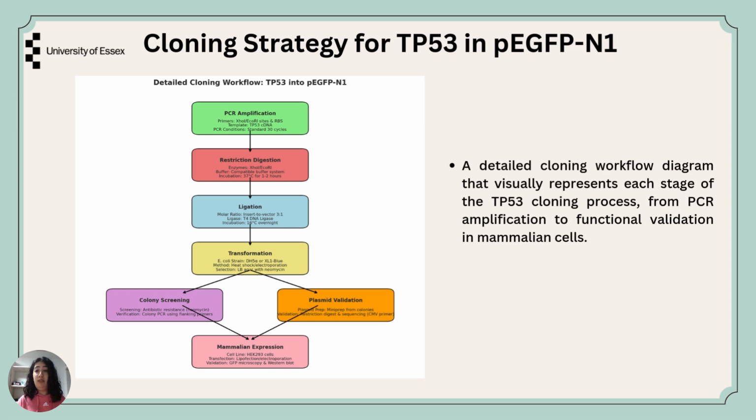Ligation of TP53 into the MCS of the vector, ensuring in-frame fusion with EGFP, and transformation into E. coli to generate recombinant plasmids, with validation via colony PCR, restriction mapping, and sequencing before transfecting mammalian cells. This workflow ensures proper TP53 cloning and expression.